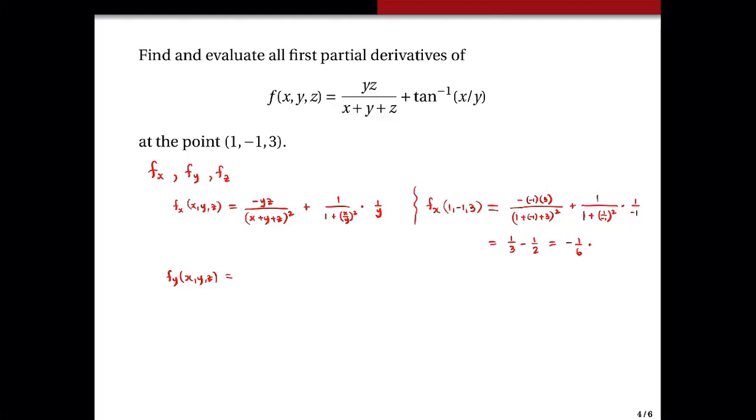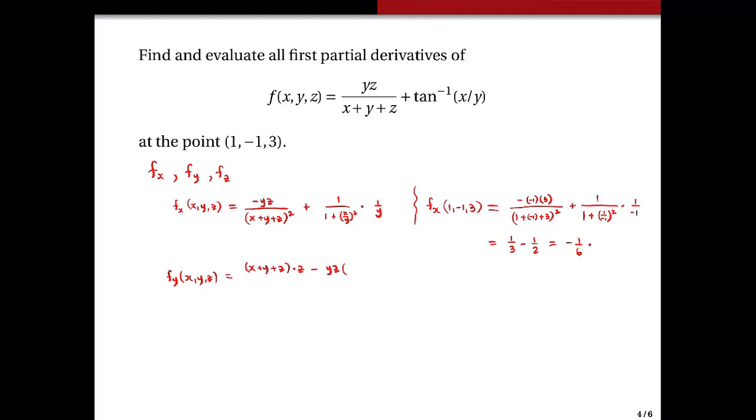All right. So f sub y, we have y in the numerator, y on the denominator. So we apply quotient rule for that. We have low, x plus y plus z, times the derivative of high, derivative of yz with respect to y, so times z, minus high, which is yz, times the derivative of low.